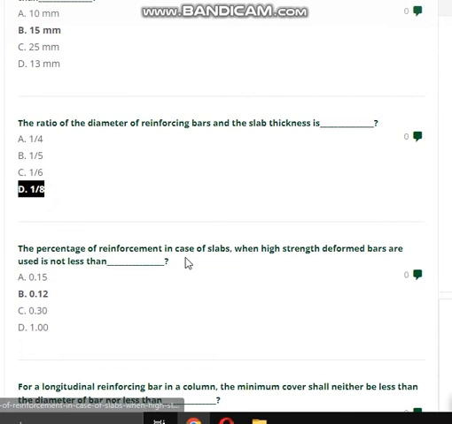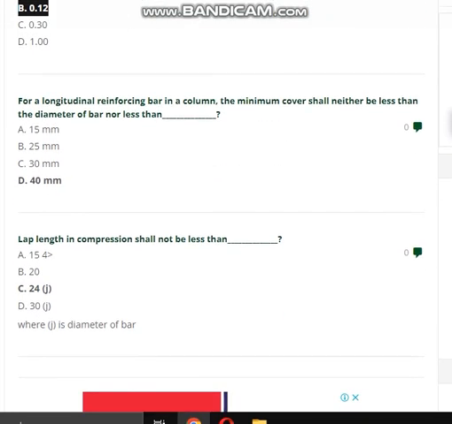The percentage of reinforcement in case of slab when high strength deformed bars are used is not less than 0.12. For longitudinal reinforcement bar in column, the minimum cover shall neither be less than the diameter of bar nor less than 40 mm. Lap length in compression is not less than 24 d.